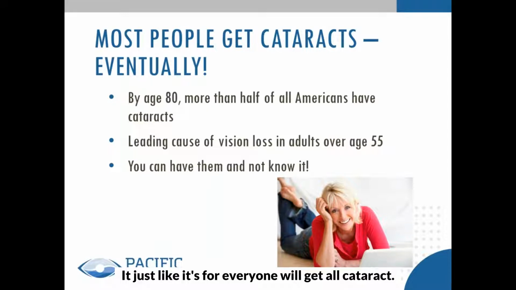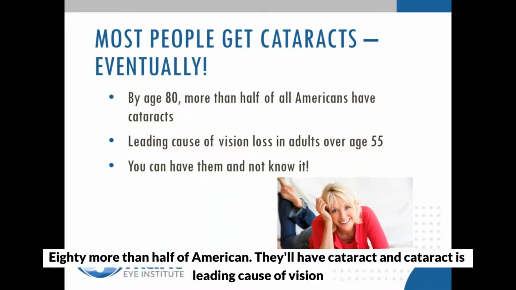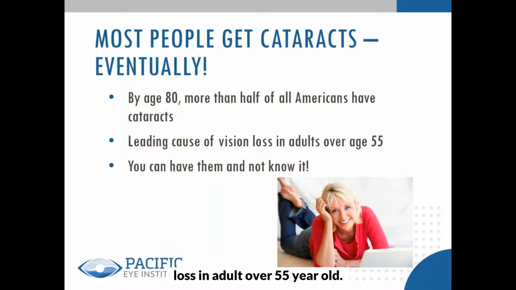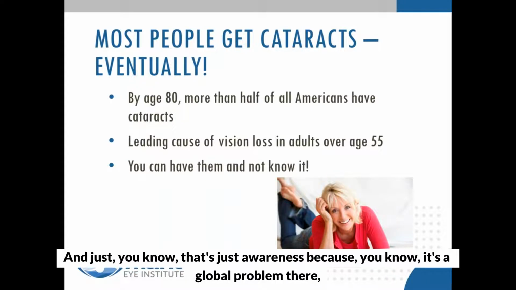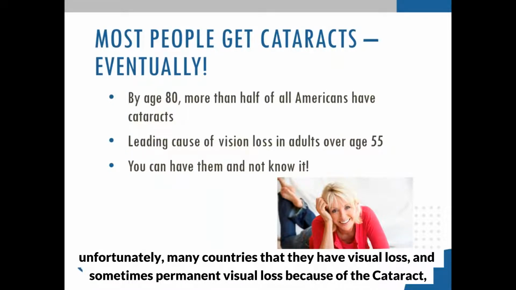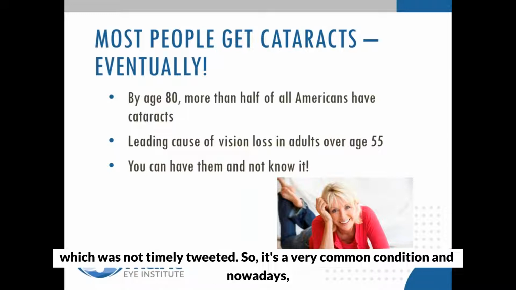We will all get cataract at some point if we survive long enough. By the age of 80, more than half of Americans already have cataract. And cataract is the leading cause of vision loss in adults over 55 years old. That's why awareness matters, because it's a global problem. There are unfortunately many countries with visual loss, and sometimes permanent visual loss, because of cataract that was not treated in a timely way. So it's a very common condition.